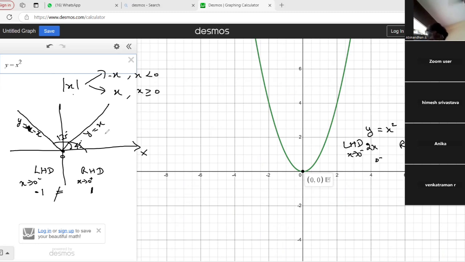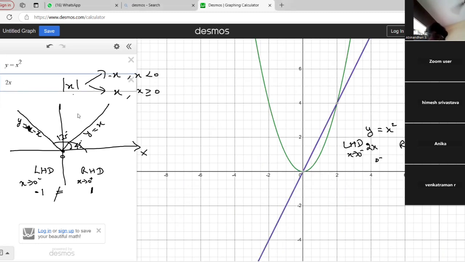Yes, sir. So you tell me the differentiation of x square. X square differentiates to 2x. So if you draw the graph of 2x, very close to 0, what value are you getting? 0.00 something, correct?